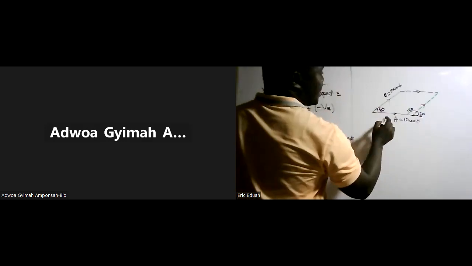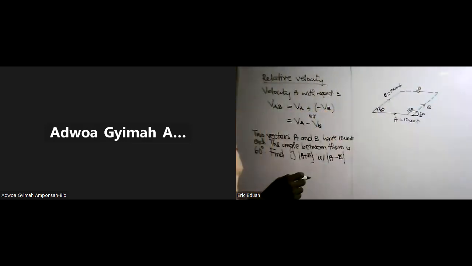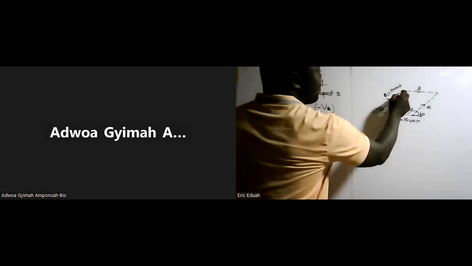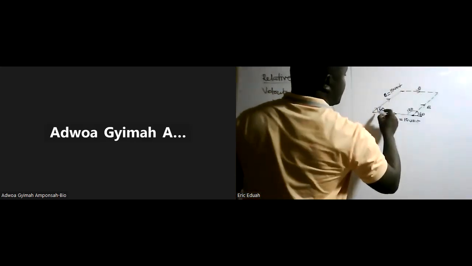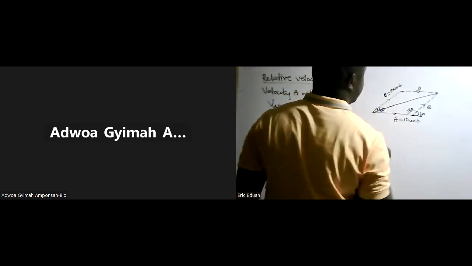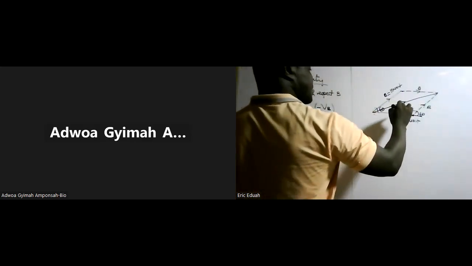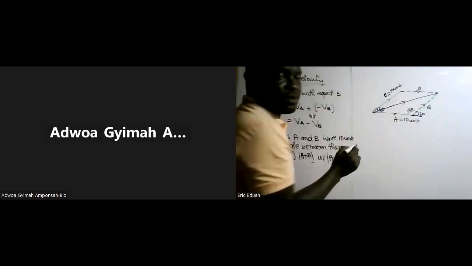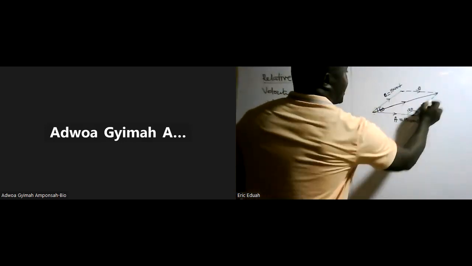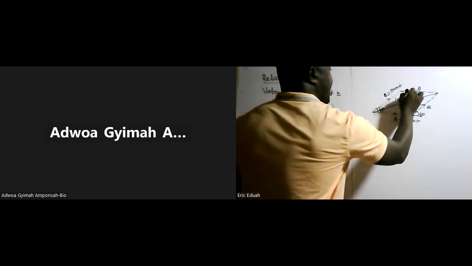So this is also B, this is A. So whichever way we look at it, B plus A or A plus B, this will be the resultant. The resultant would be here. From the triangular law of vectors, this plus this would give me A plus B. So I determine the magnitude of A plus B.